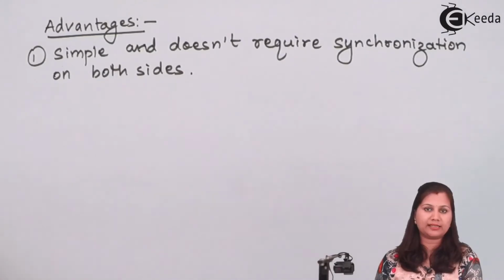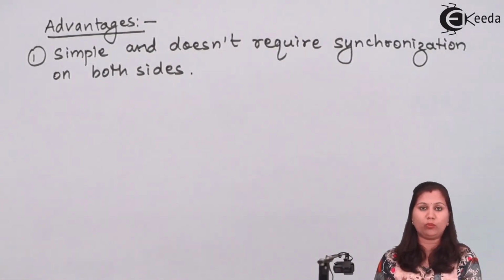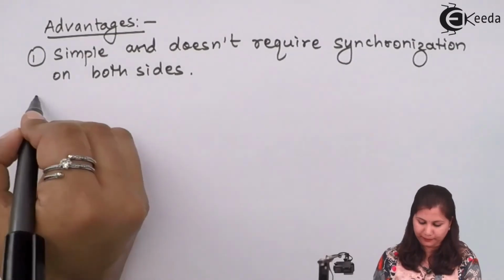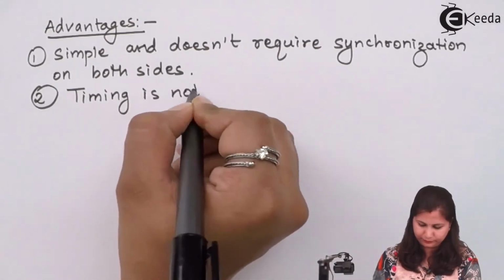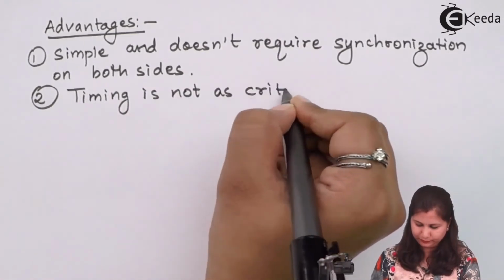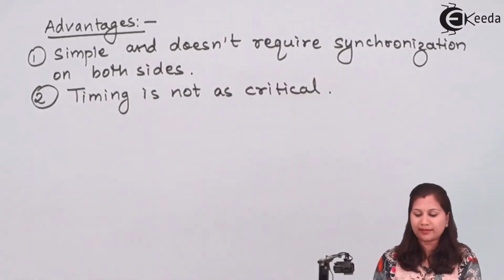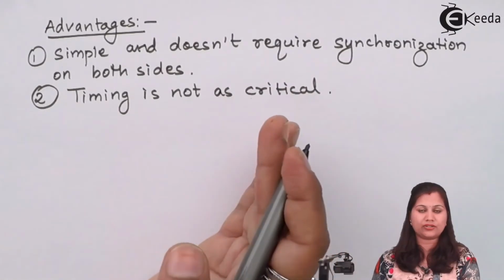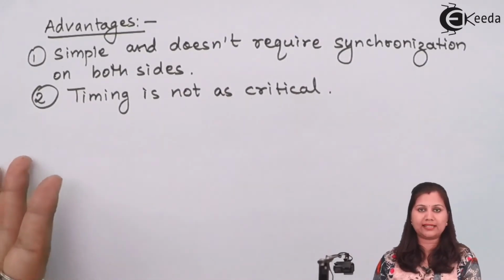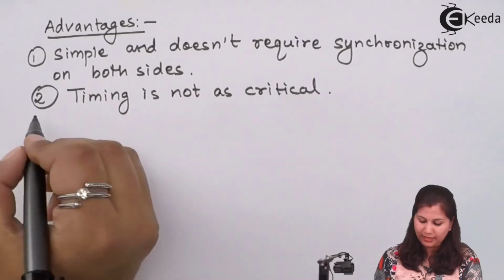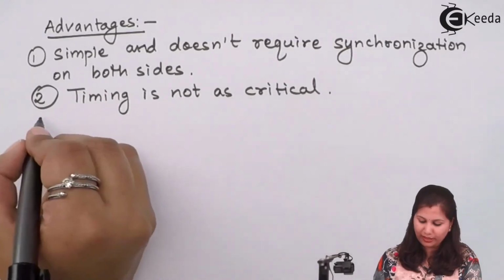This method is simple also. We need only one line, and on that line, along with the data, we are transmitting all the information. As there is no synchronization in this method, timing is not so critical in this case.